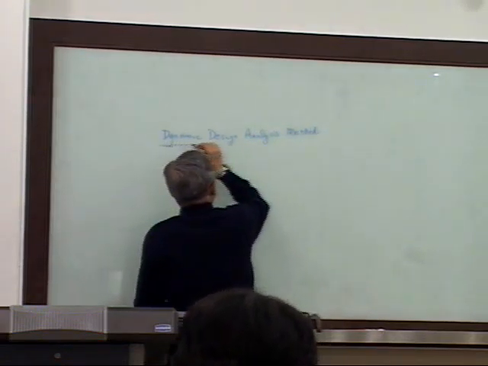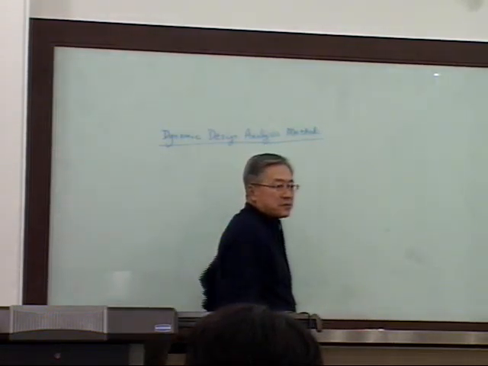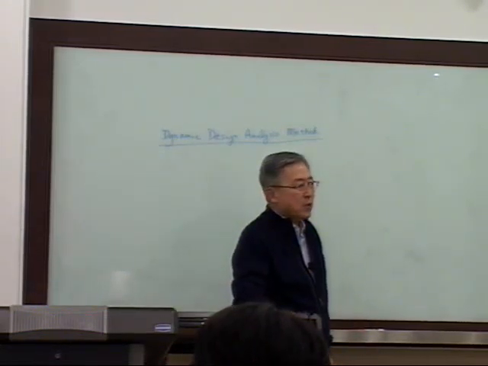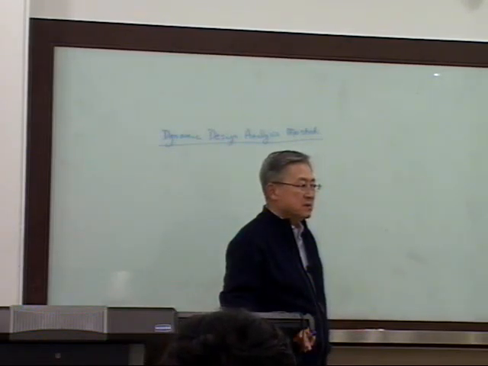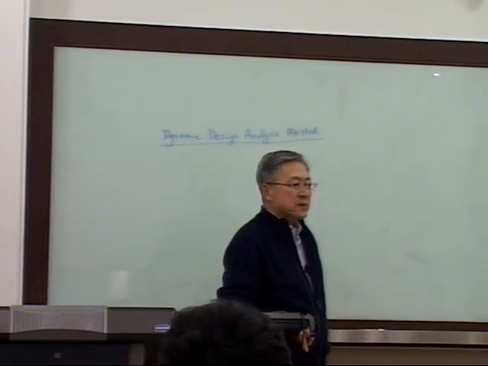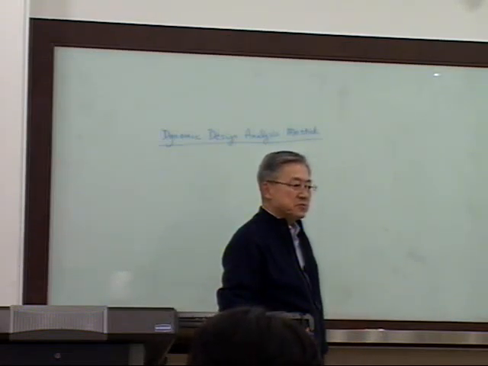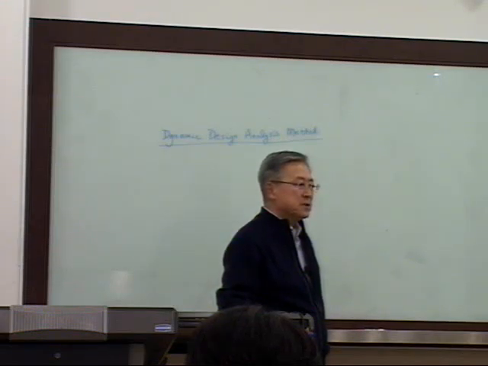This is one of the methods. I don't say that this is the only method you could use for shock qualification of shipboard equipments. No, there could be all different ways. But this is what the Navy has been using for many years. Still they are using it.